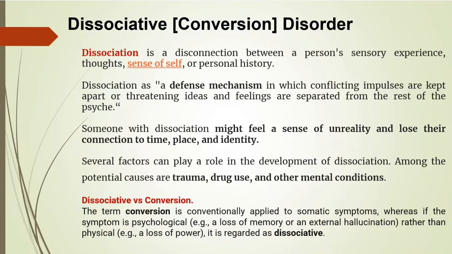So what is visible by eyes is conversion. Patient fell down, patient is in a stuporous condition, patient is having pseudo seizures. These are visible, so these are considered as conversion. And the things which cannot be visualized, like headache, amnesias and anesthesias, these are dissociation.